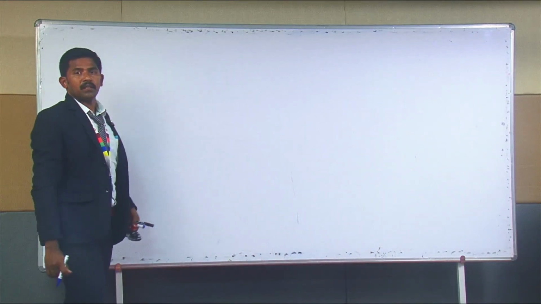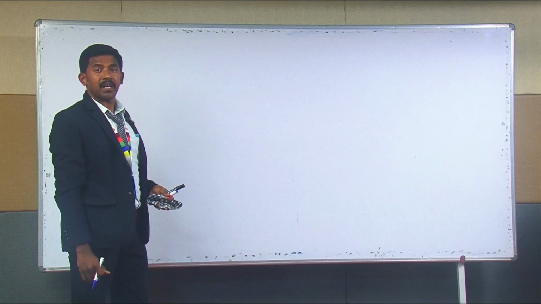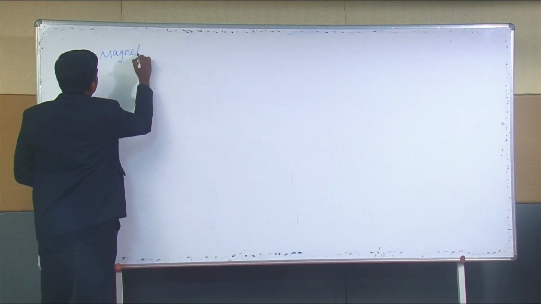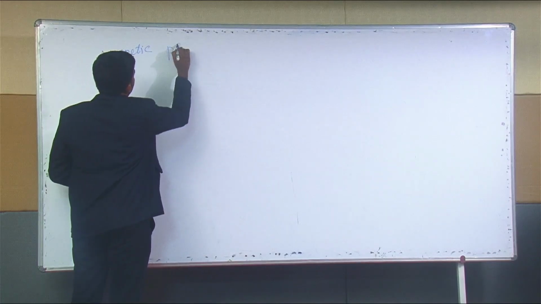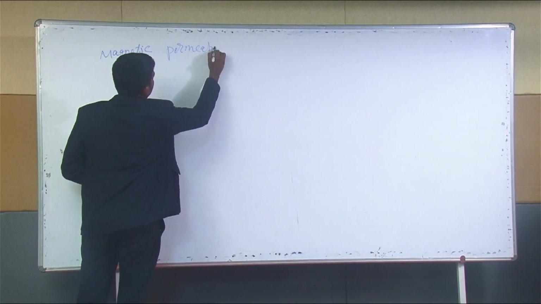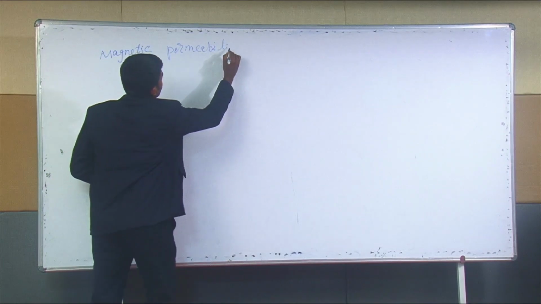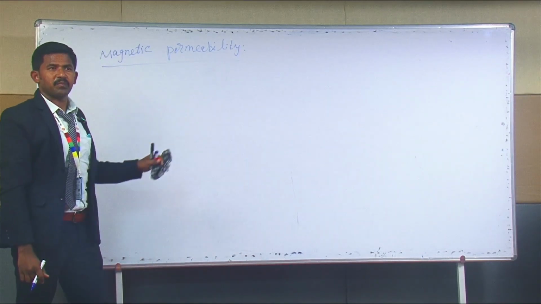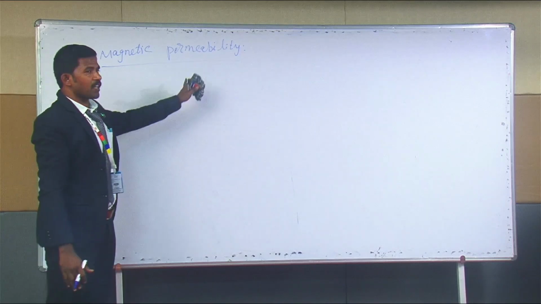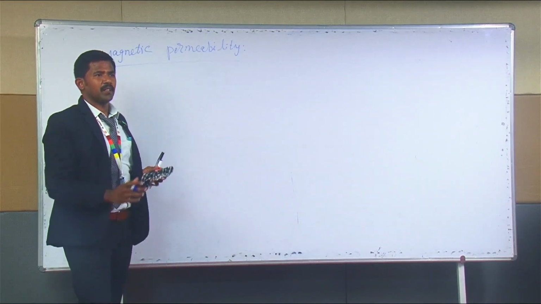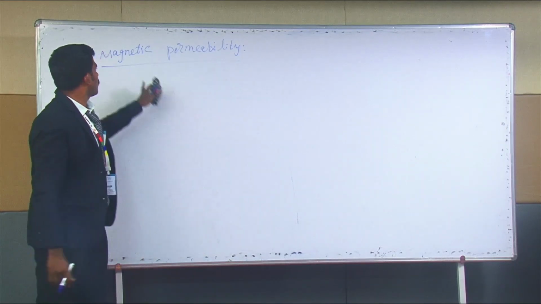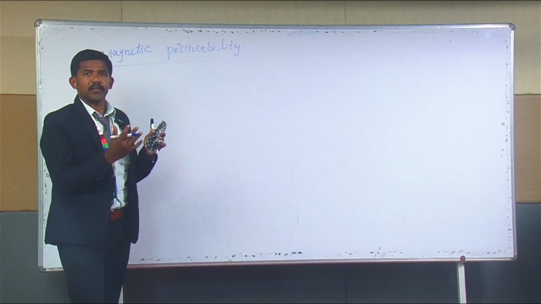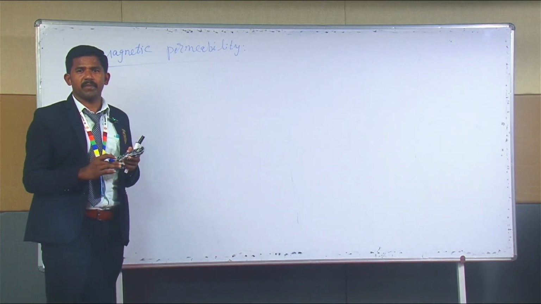Next we are going to see the magnetic permeability. What does permeability mean? Permeability is the ability to permit something over an area. Magnetic permeability means how readily a material allows the magnetic lines of force.